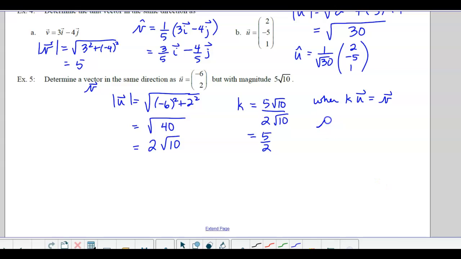So that means our v will be 5 over 2 times negative 6, 2. Now this one, I am going to multiply in because look, you can simplify it, right? So here, that's going to be negative 15, and that's going to be 5. And check it. What's the magnitude of negative 15, 5? So 225 plus 25, that's 250, that's 5 root 10, you got it. Okay, so you can always check.